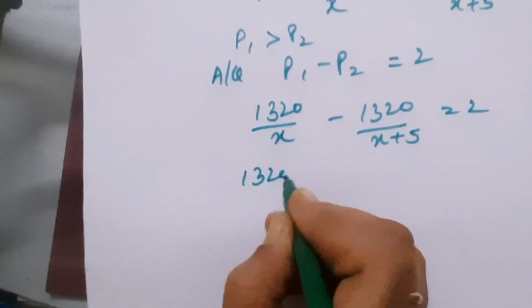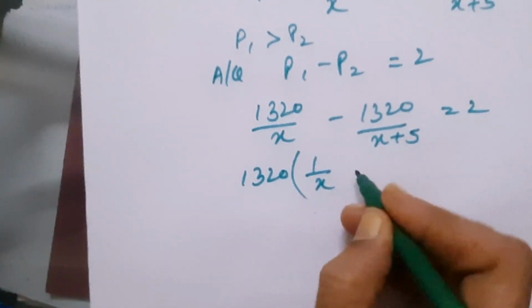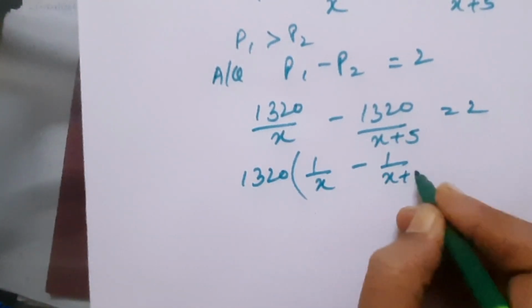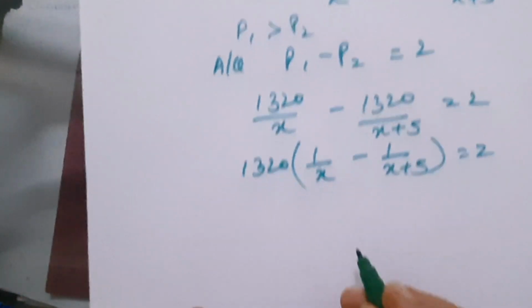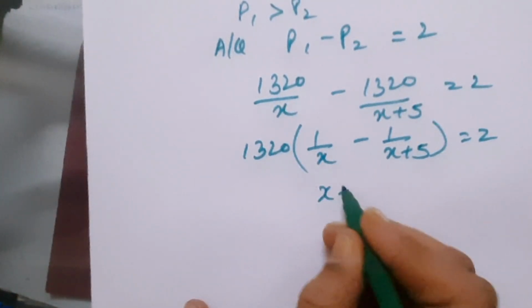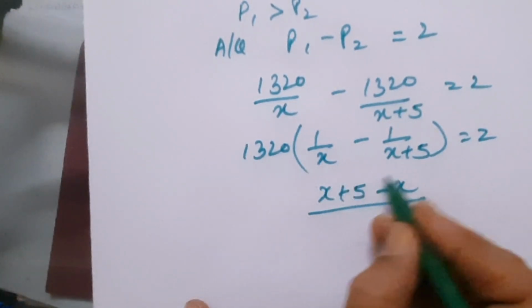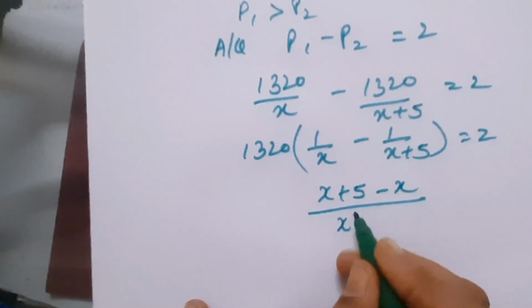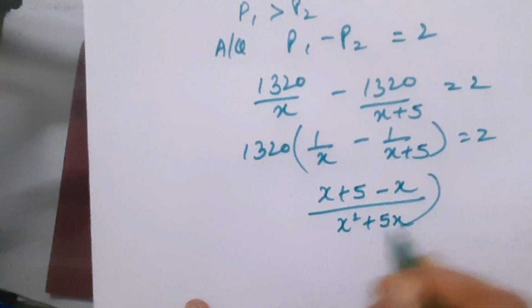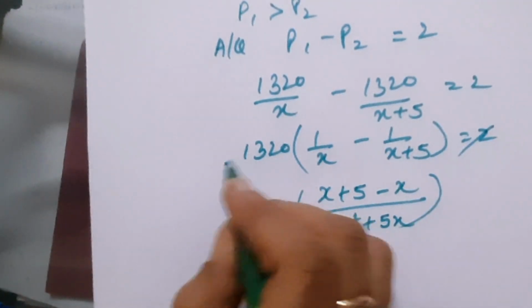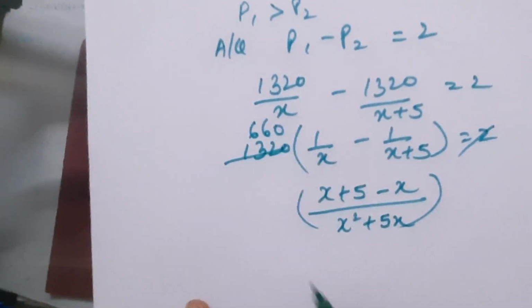Now 1320 can be taken common. So it's 1 upon x minus 1 upon x plus 5 is equal to 2. Now getting the LCM, x plus 5 minus x upon x square plus 5x. We can cancel this out, so it's 660.